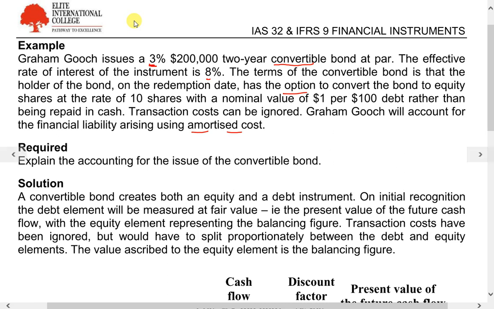Transaction costs will be ignored because they will be asked in your SBR. This one is actually not too difficult, but it's not in our syllabus. The term is 2 years. I borrow 200,000 convertible. Find the liability, then the equity.